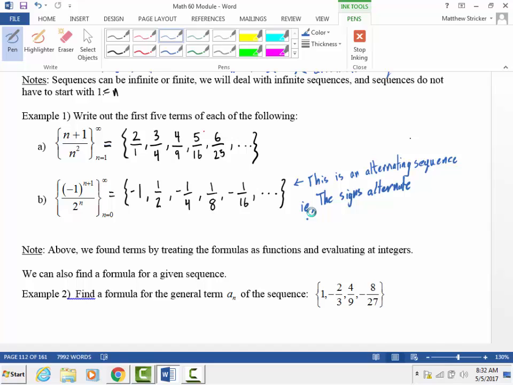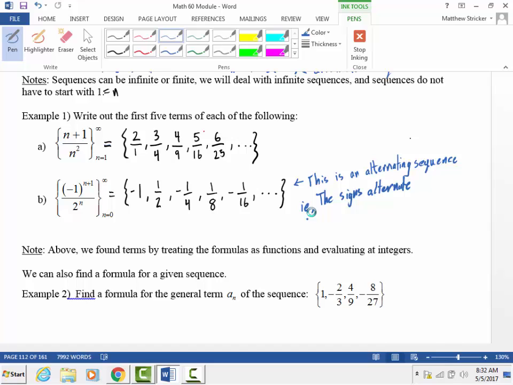A negative 1. Yeah, so when you have negative 1 to the n plus 1, that makes it alternate. And then the 2 to the n is what gave us the factor of 1/2, right? Okay.